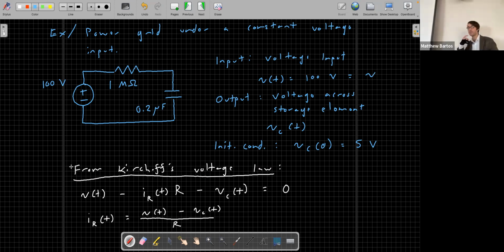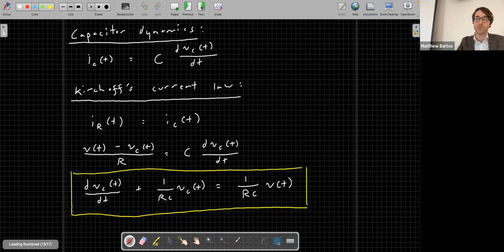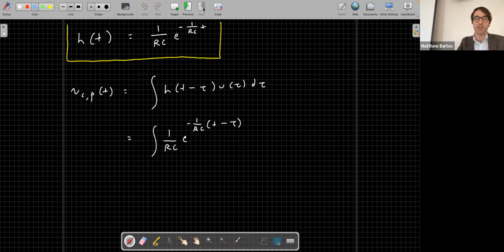Note that this voltage input, I didn't specify it here, but this is applied from time 0 to infinity. So for the limits of our integration, if we want to find the particular solution at time t, we can integrate this from 0 to t. And our u(t) here will be just V, our constant input voltage, integrated over d tau.